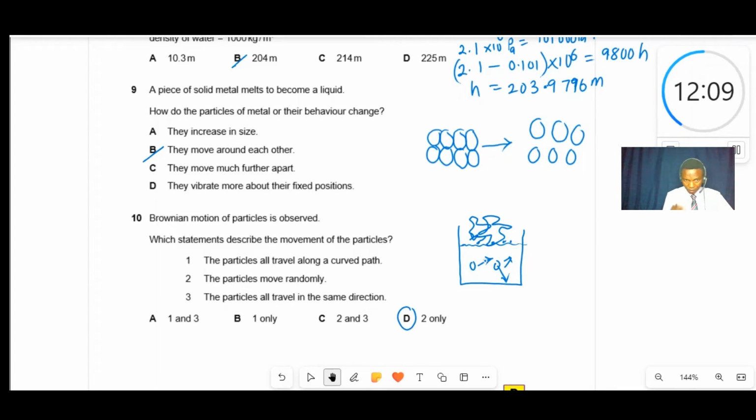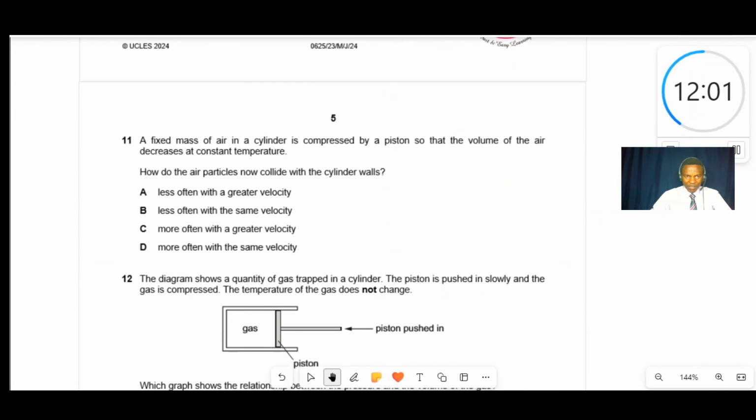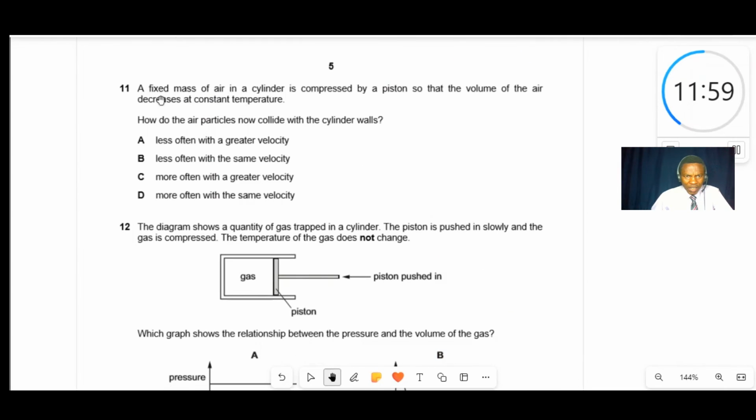So let's go to the next question. Question 11. A fixed mass of air in a cylinder is compressed by a piston so that the volume of the air decreases at constant temperature. How do the air particles now collide with the cylinder wall?